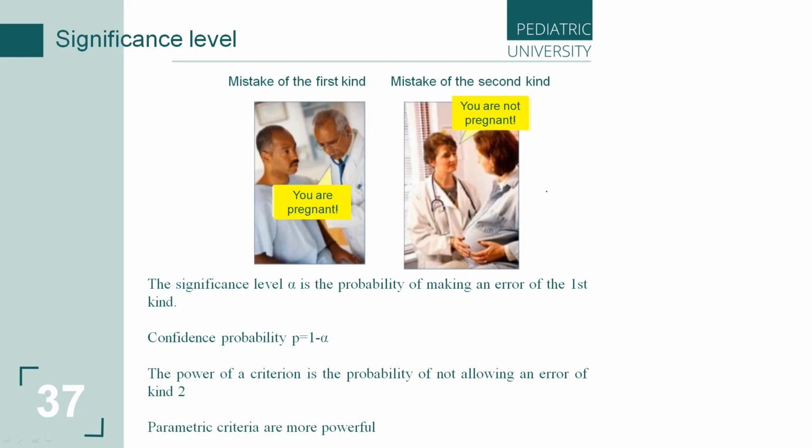The confidence level in this case would be 95%. This is an absolutely normal value. The normal acceptable power is considered 80%. In medical research, the significance level is taken as 0.05 or 5%, the confidence probability is respectively 95%, and the power is 80%.